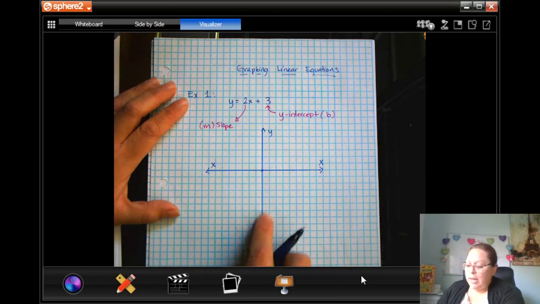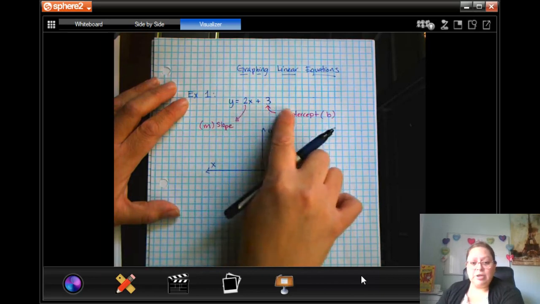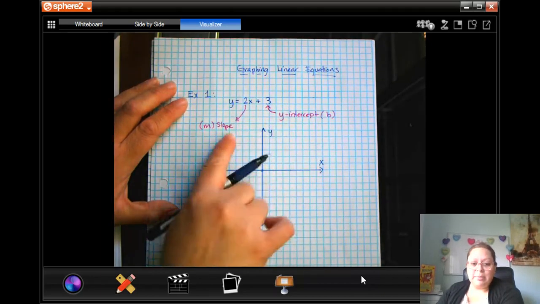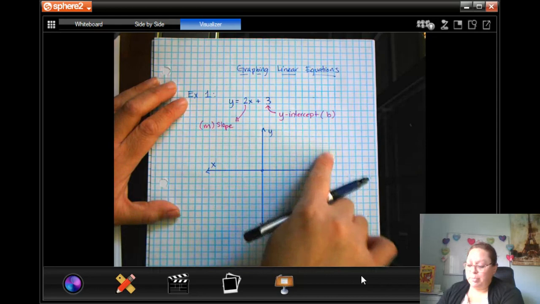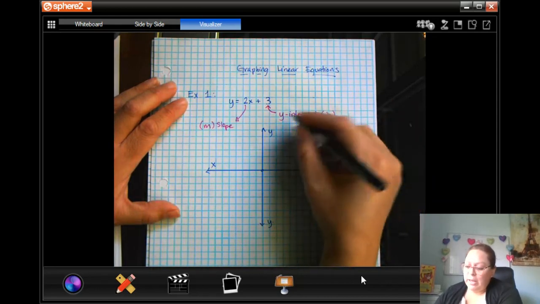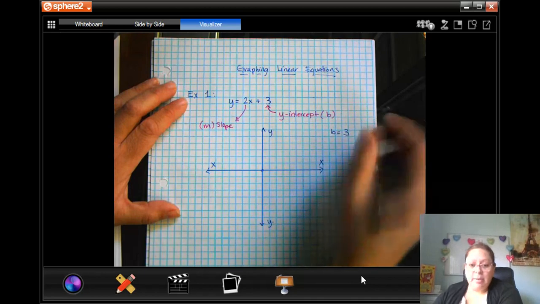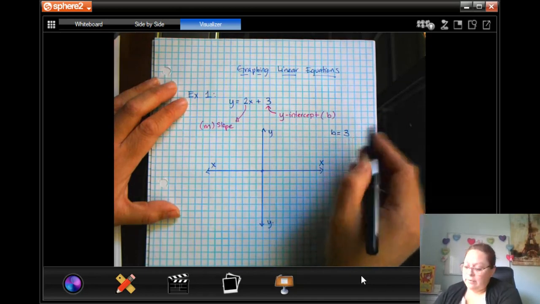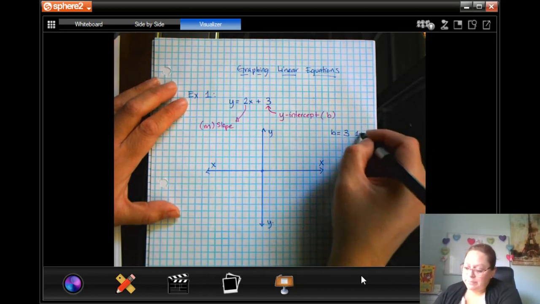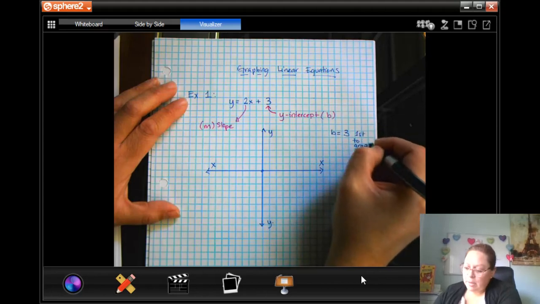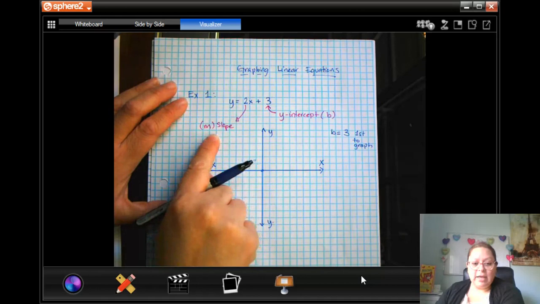Right? And now we're going to go ahead and take this information that we have, the y-intercept and the slope, and we're going to go ahead and put it down. So first of all, b equals 3. So b is the y-intercept. This is going to be actually the first thing you're going to graph. So this is first to graph. And the slope will be the second thing.